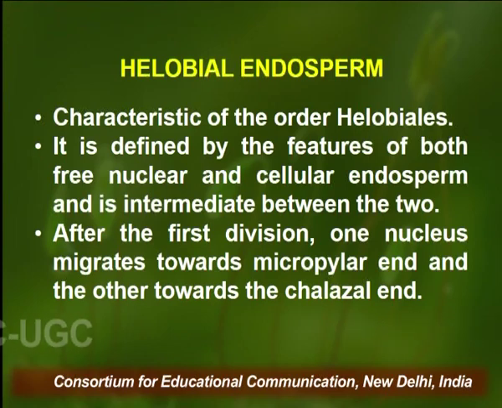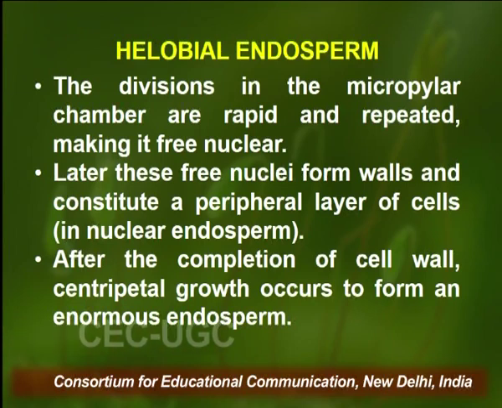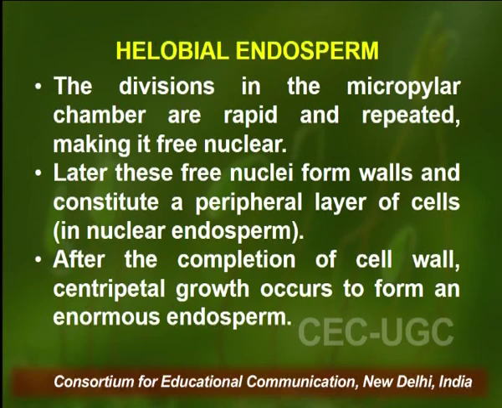The divisions in the micropylar chamber are rapid and repeated, so they make it free nuclear. Later, these free nuclei form walls and constitute a peripheral layer of cells, as we have already discussed in nuclear endosperm. After the completion of cell wall, centripetal growth occurs to form an enormous endosperm.